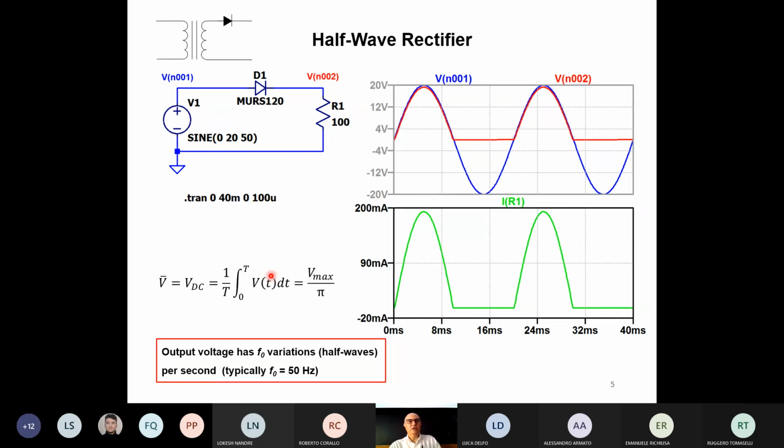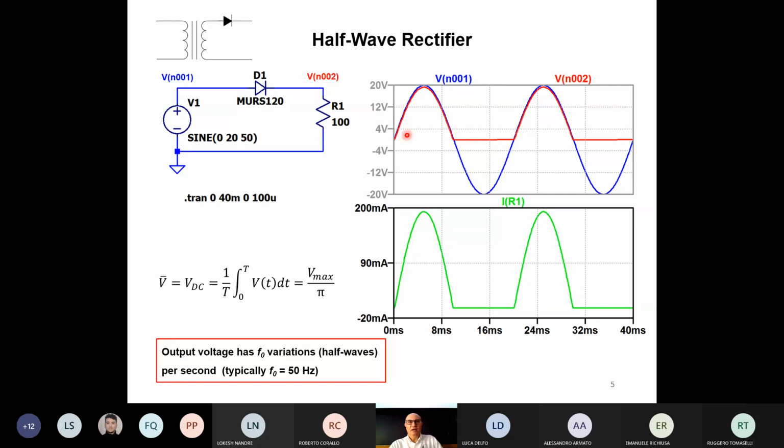If you take the integral of V(t) dt over one period between 0 and T and divide by the period itself, you will get V maximum divided by pi. So this means that the average voltage that we get at the output is something like 1/3 of the maximum voltage.